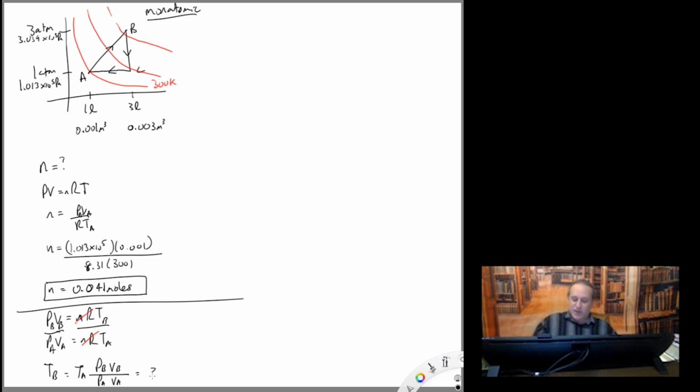So that's going to be 300 Kelvin times... I'm going to do these pressures and volumes in atmospheres and liters because the units are going to cancel anyway, and it's a little easier math that way. So the PB is 3 atmospheres, and the VB is 3 liters, and the PA is 1 atmosphere, and the VA is 1 liter.